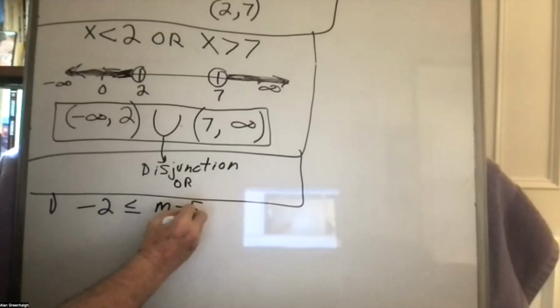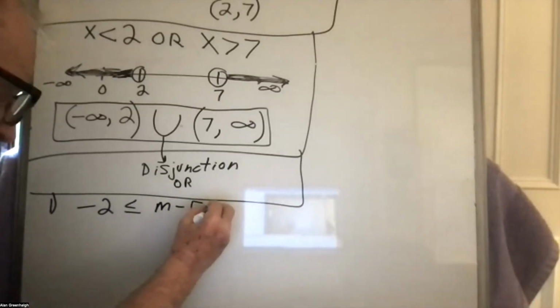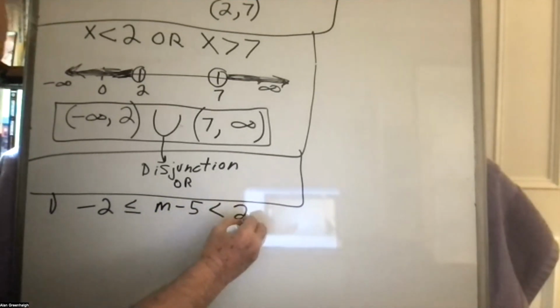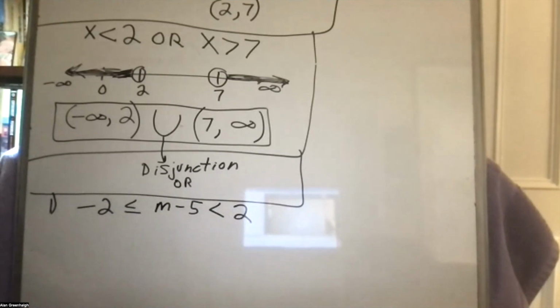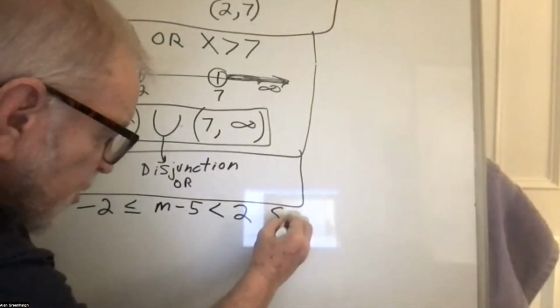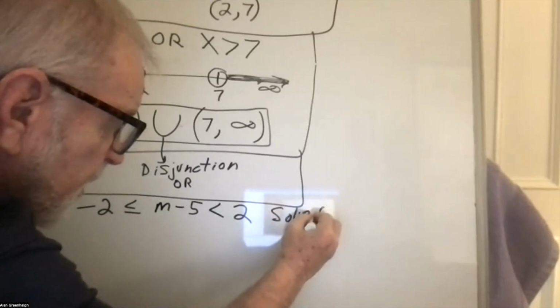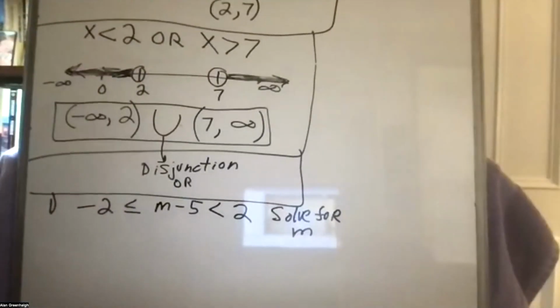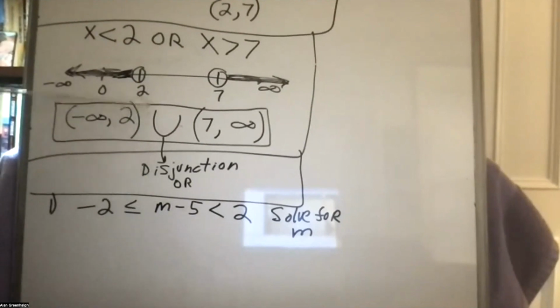I believe this is in the book, but I'm not totally sure, but I'm changing it a little bit. And the question is, solve for m. And when I say solve, I mean express it as an inequality, express it using the number line, and also express it using interval notation.